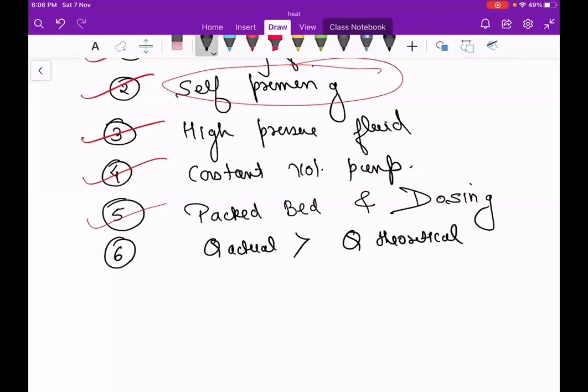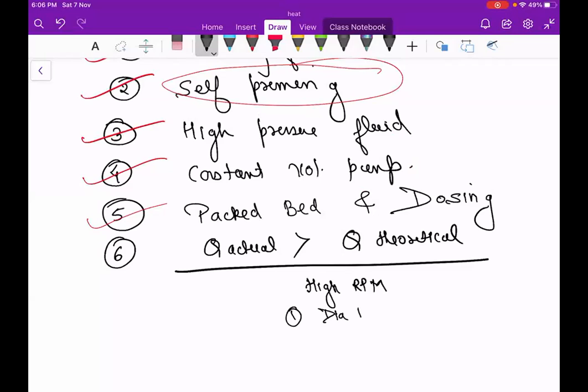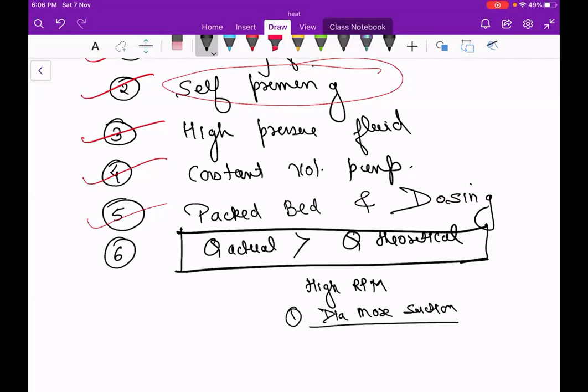That is why it can be efficient, but there are certain things we have to maintain: it should run at high rpm, with a larger diameter suction line, because inertia, or momentum, will help to achieve Q actual greater than Q theoretical.